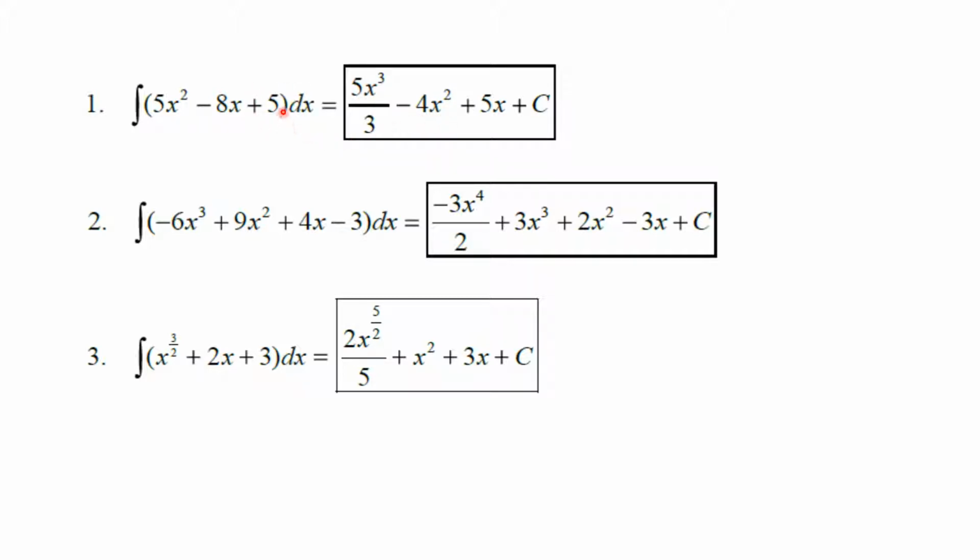And a number 5, integrate a constant, will actually give you 5x. And because this is an indefinite integral, therefore you need to add the c.